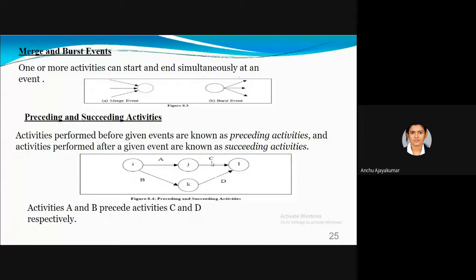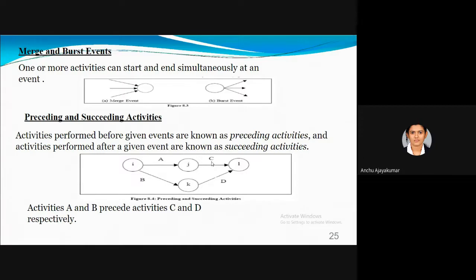From the figure, it is clear that A and B are the first 2 activities that start simultaneously, and C can be started only after A is completed. Like your assignment: writing your assignment is activity A, submitting your assignment is activity C. You can submit your assignment only after you complete writing it. So C is submitting and A is writing.